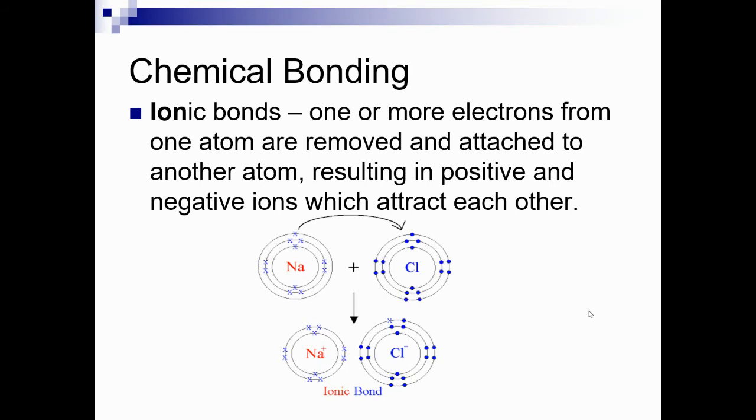The one that lost electrons is a positive ion, because it now has more positively charged protons than negatively charged electrons. The one that gained the electrons is a negative ion because it now has more negative charge from those extra negative electrons than positive charge.